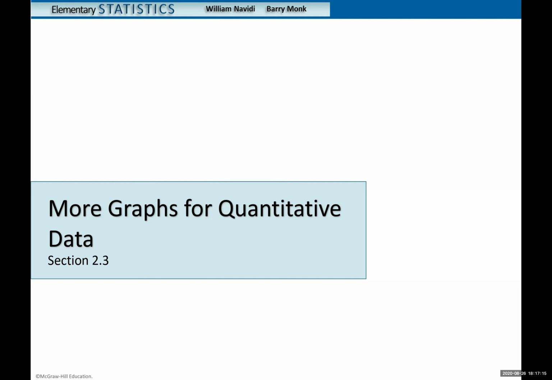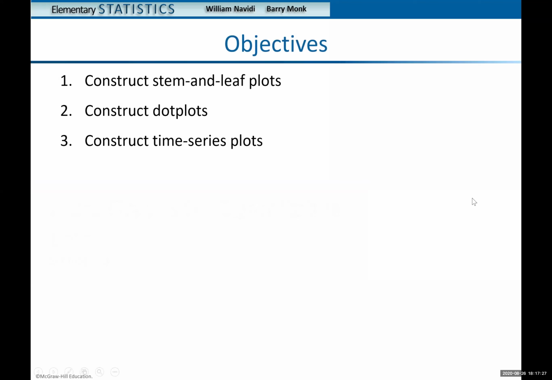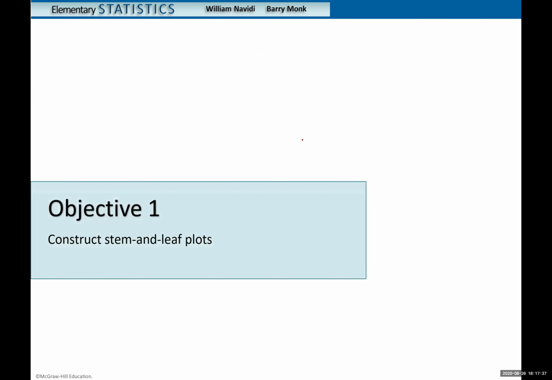So now we're going to continue with quantitative data graphs. These are the objectives: construct stem and leaf plots, dot plots, and time series plots. So again, these are the graphs for quantitative data.